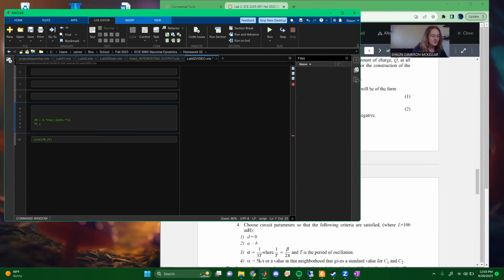So that exponential is also multiplied by a sine of beta times t. So I can already see there's all these new variables in here. So I'm going to need an a term. I'm going to need a t term. I'm going to need an alpha term. That should get me through that.